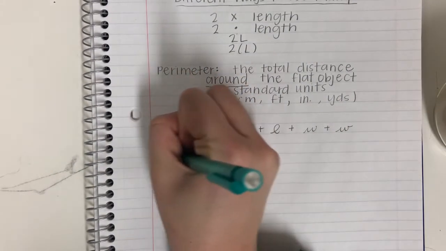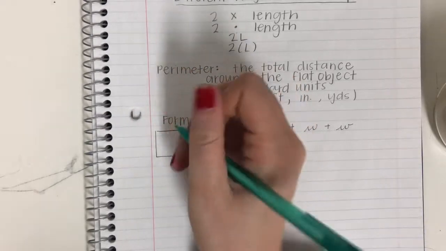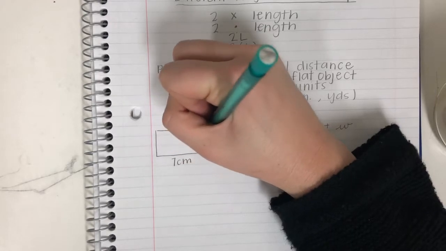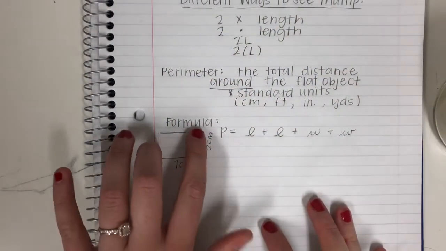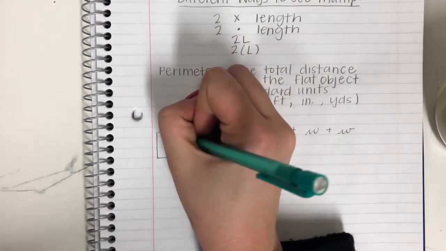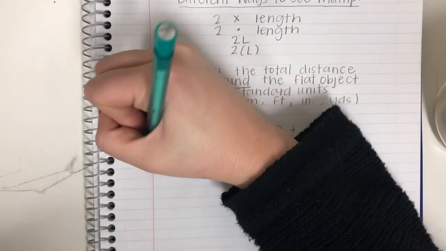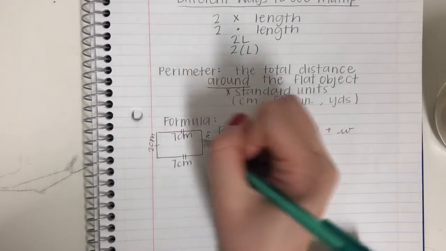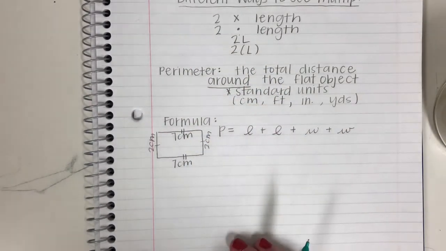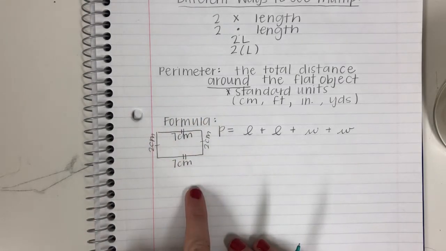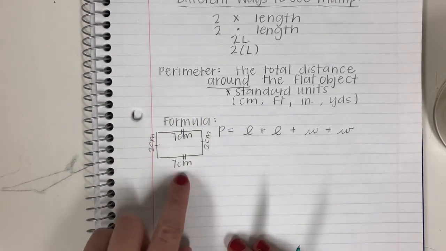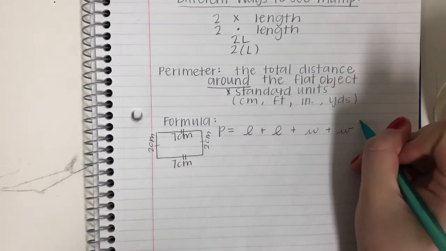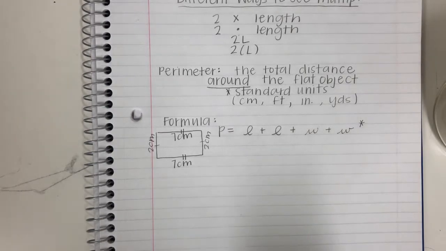Because think about it, when you have a rectangle, let's say you have 7 centimeters and 2. You still have 2 other sides, right? So this is also 7 centimeters, and this is also 2 centimeters, right? Because these are equal, and those are equal. So with perimeter, you're just adding up the sides. You are taking each side, and you are finding a place for it in your formula. So I would say this is the most common one that you might want to use, but there's other ones as well.